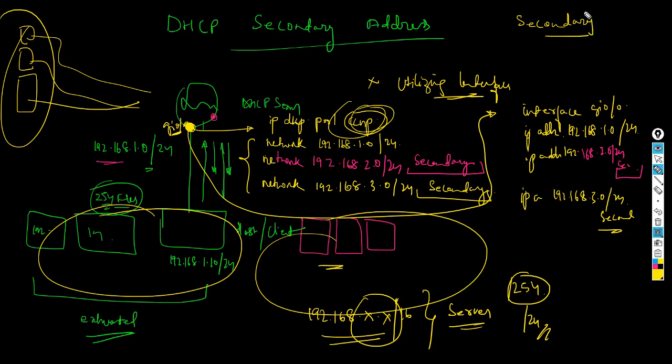It's mainly used when you're completely exhausted with your primary network and you're just adding secondary networks. The secondary network, the third network, the fourth network are all part of a single team, so you would like to keep them under one single pool.